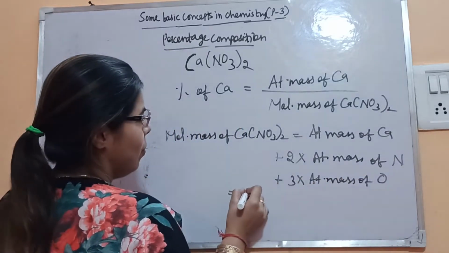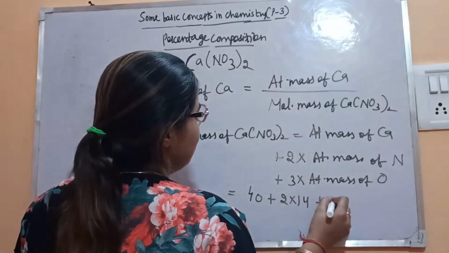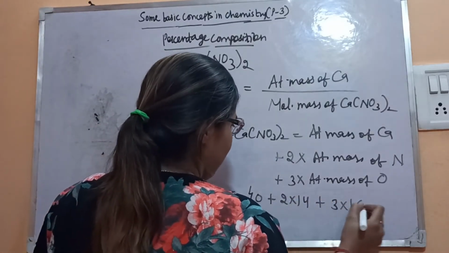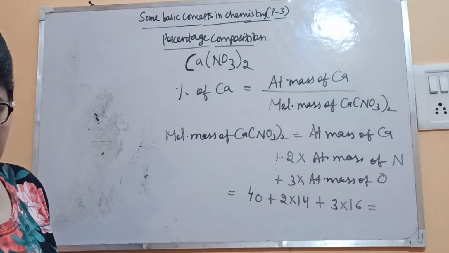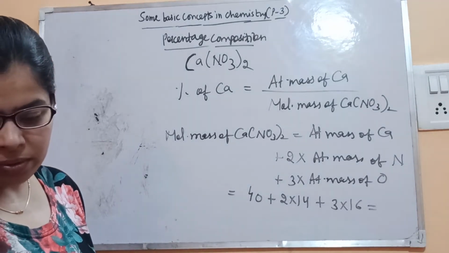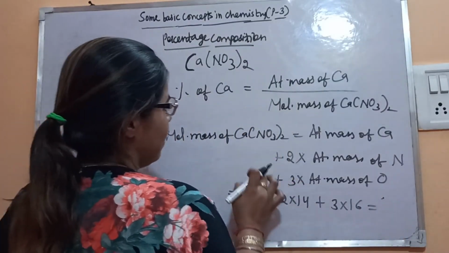Substitute all the values. You know calcium is 40, nitrogen is 14, oxygen is 16. Sorry, oxygen is 2 times 3, so 6 are there.